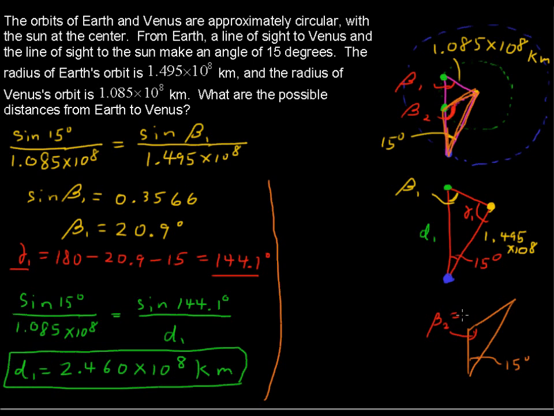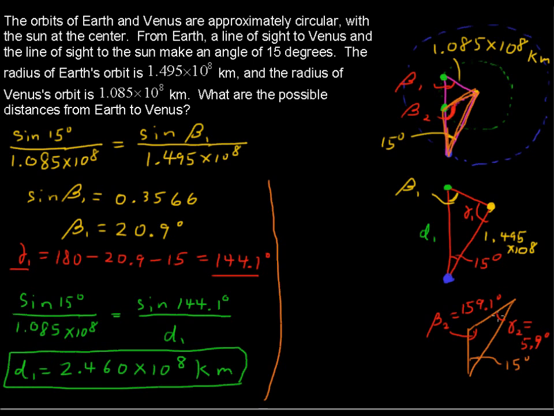Beta sub 2 is 180 degrees minus beta sub 1, so minus the 20.9, and that is going to equal 159.1 degrees, which then gives us gamma sub 2, this final angle, 180 degrees minus the 159.1 minus the 15 gives us 5.9 degrees.